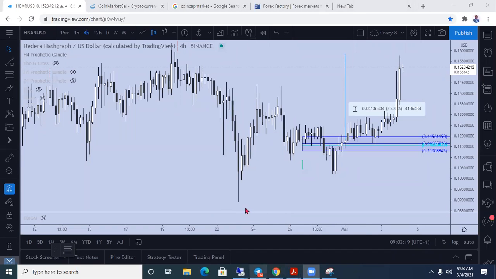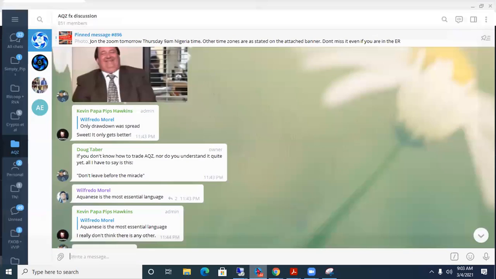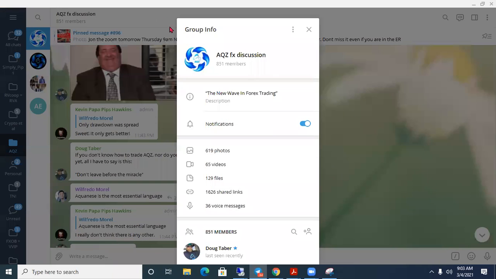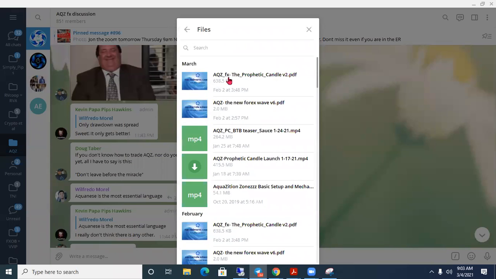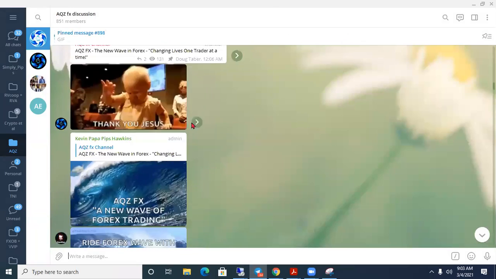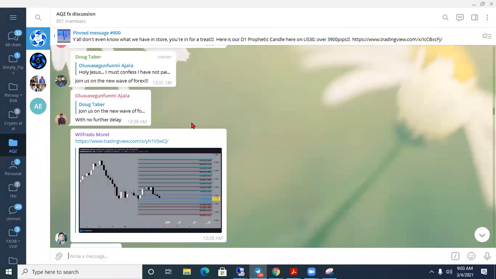All right, so there are some documents you'll find in the file section. If you don't know how to get to the file section, just click the header of the discussion group, and it takes you to this interface. You go to your file section and you find them here. I dropped a picture yesterday to aid you.